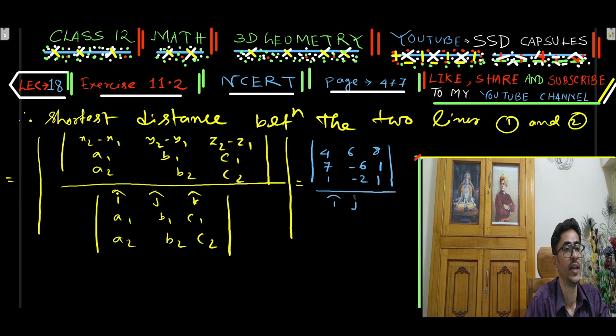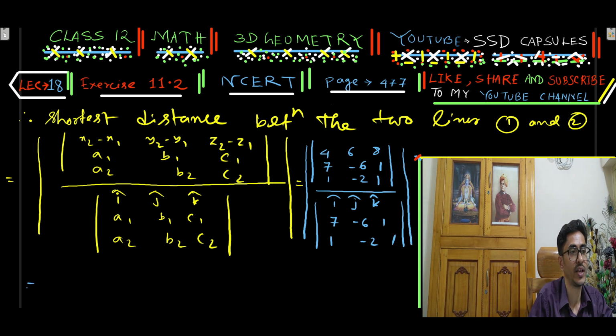Now i, j, k cap. We have a1, b1, c1 and a2, b2, c2 in front of us, so just simply put them. Take the determinant and take the modulus sign.